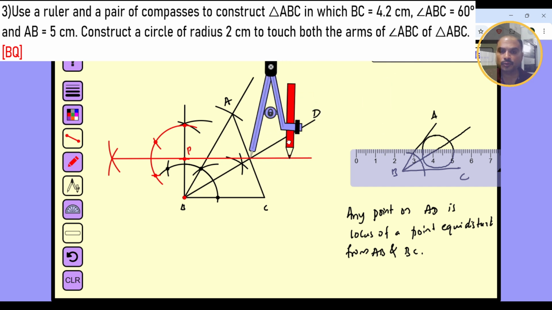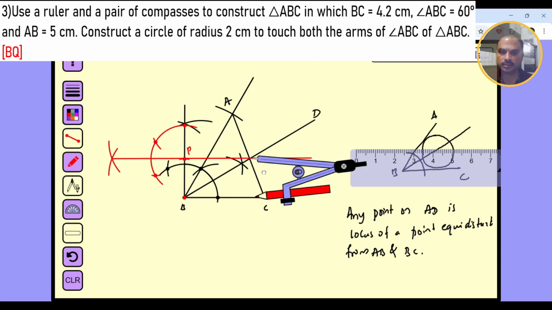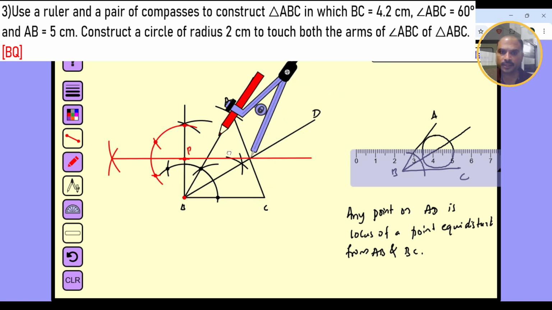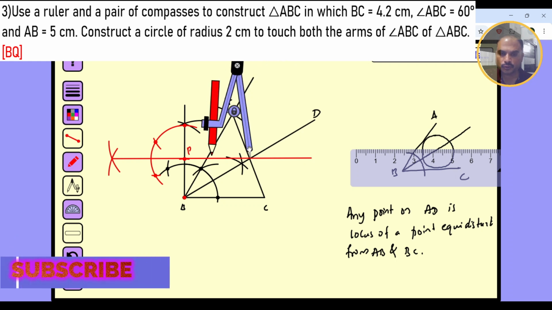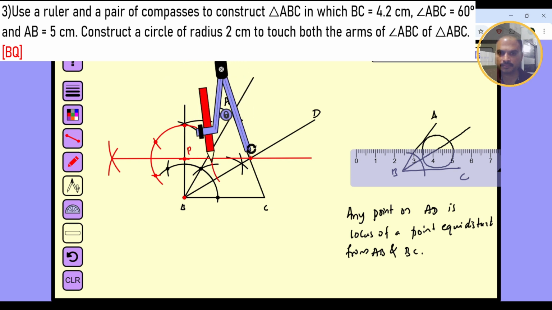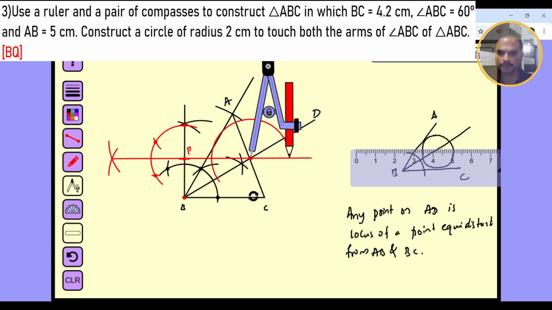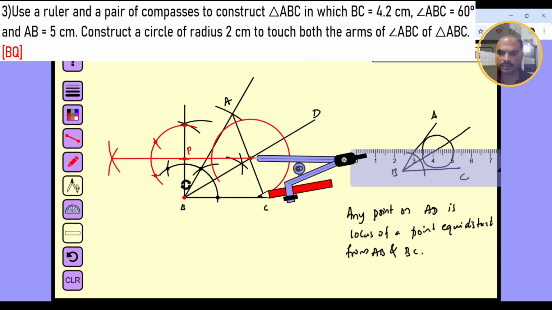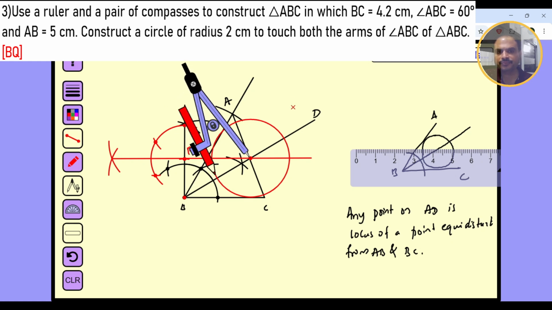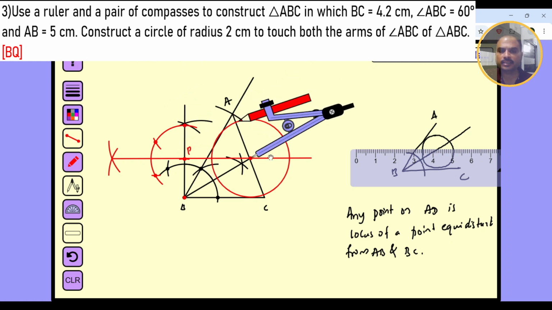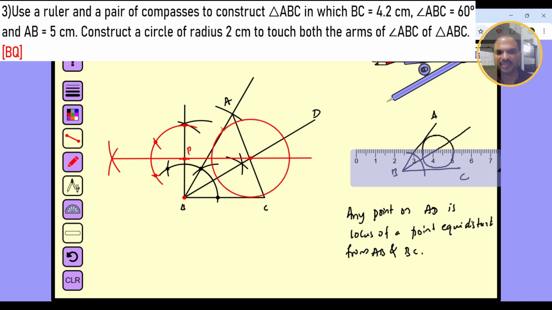Let me check whether it is touching the sides, AC and AB or not. So it is touching the two arms. If you observe carefully, look at this, it is touching. Yes, look at this. This is how the construction is supposed to be. A minute, it is overlapping. In fact, it should touch exactly like this.